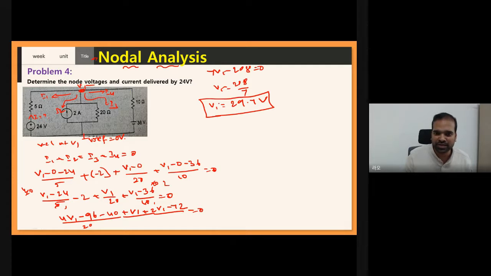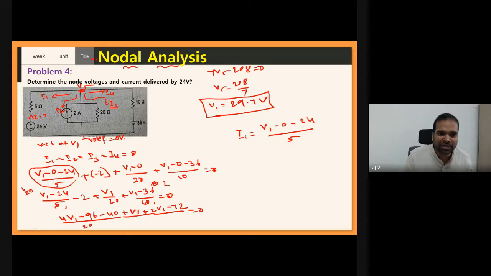Now you found the node voltage. What is the node voltage? 29.7. Now what you have to find is the current delivered by the 24 volt source. See, what current is flowing in this entire branch? I1 current. So I1 equals V1 minus 0 minus 24 by 5 ohm. You already have written I1 like this, right?